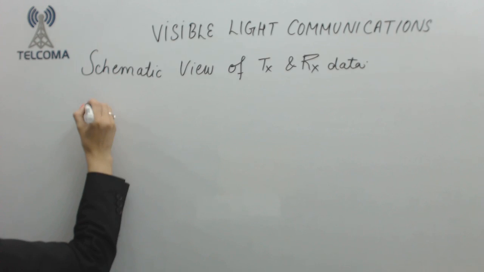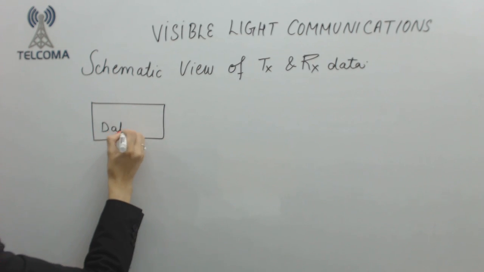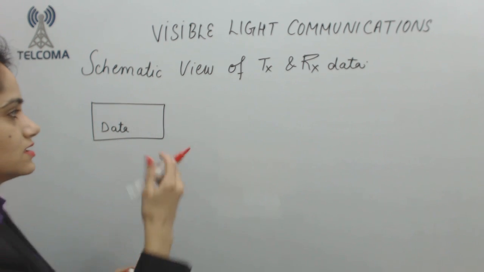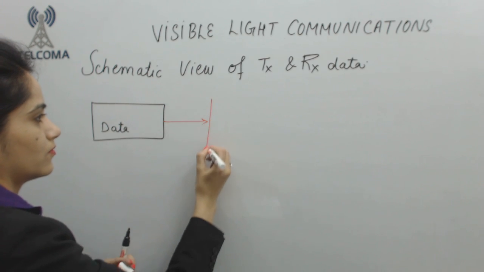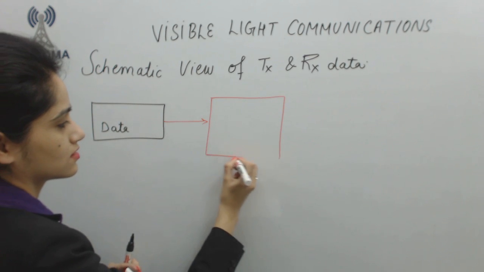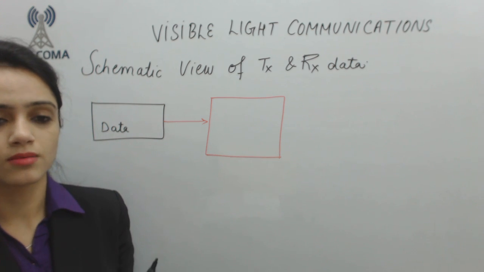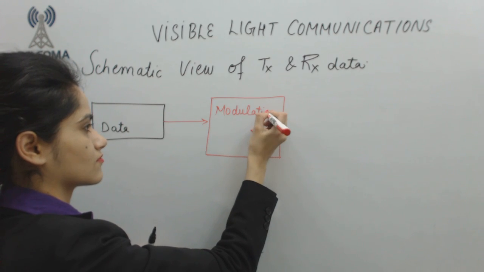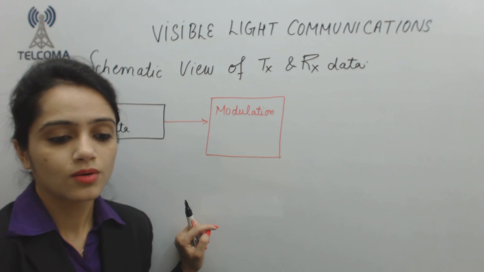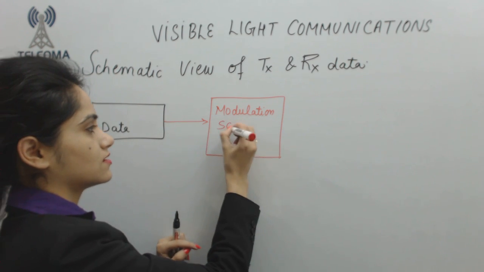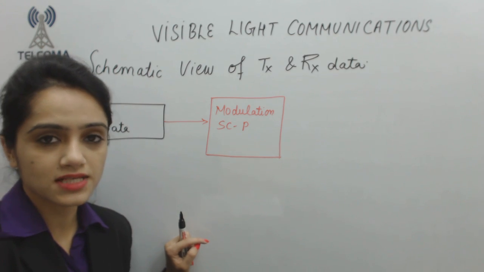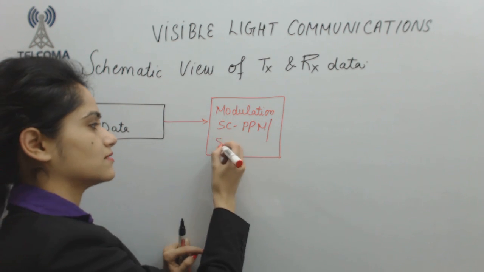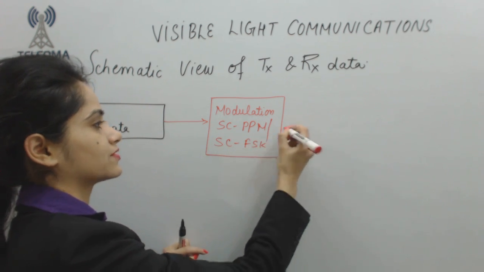So I have data. This data will undergo a process, and the process is modulation. So this data will undergo modulation. It can use modulation as PPM, pulse position modulation, and also it can use FSK, frequency shift keying.